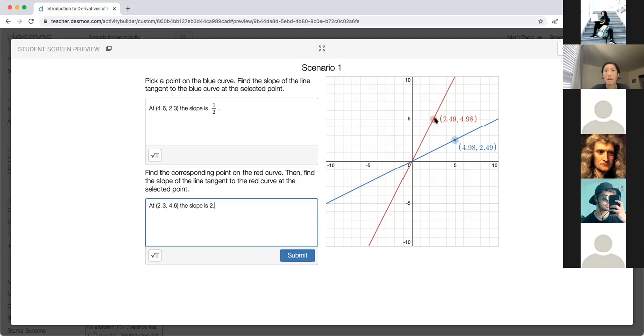Okay, so right now just drag your points along, pick a point. All right, so just like Natalia had in the chat, you're just typing in a point and the slope there, and then a point and a slope, okay?